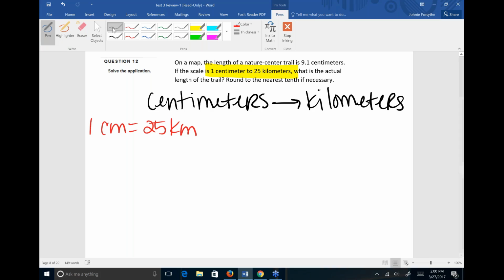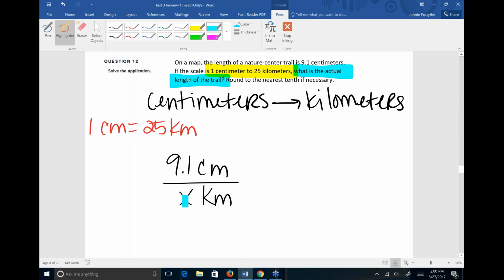So we have 9.1 centimeters, right? And we're going to use a proportion to solve this. So we want to figure out 9.1 centimeters is proportional to x kilometers. And that's what we're solving for. The actual length of the trail, that's going to be this, okay? And that's proportional to the scale. So the scale says that 1 centimeter is the same as 25 kilometers.